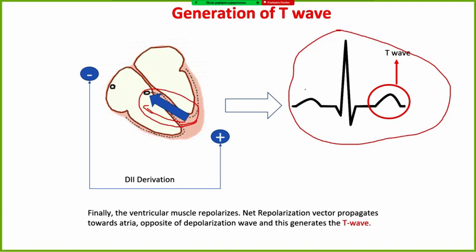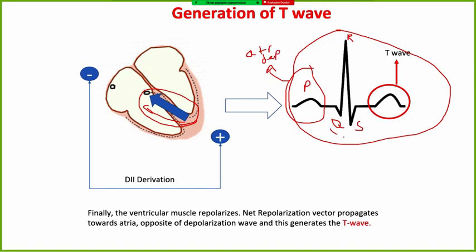And we have the typical ECG appearance, starting with the P wave, Q wave, R wave, S wave, and then T wave. P, Q, R, S, T. The P wave is the atrial depolarization.